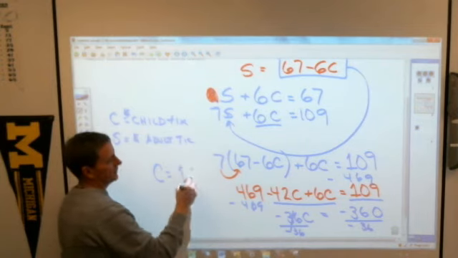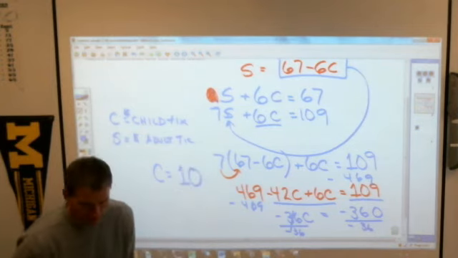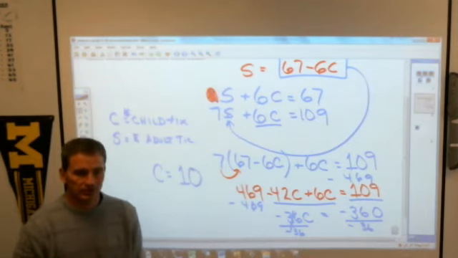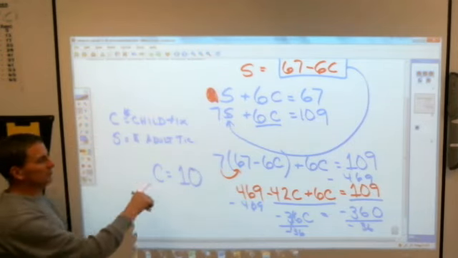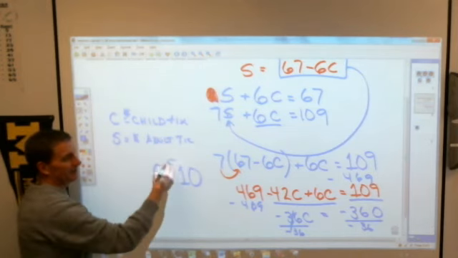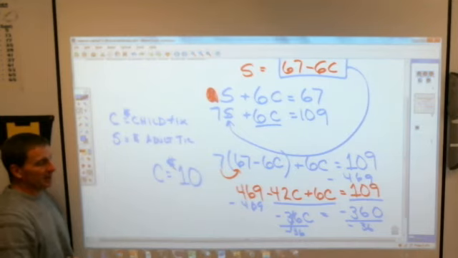Now, because you were smart and at the beginning you labeled what your letters stand for, you just go back to what you wrote down and you know that C is how much a child ticket is. A child ticket is $10.